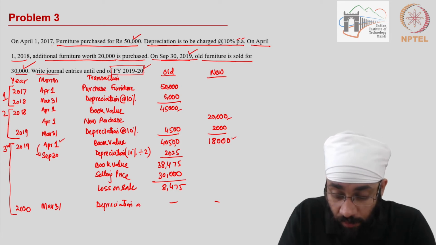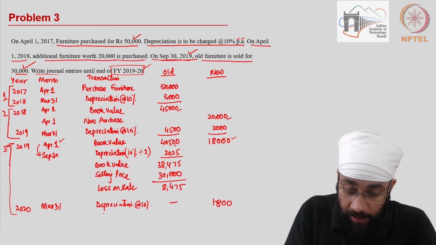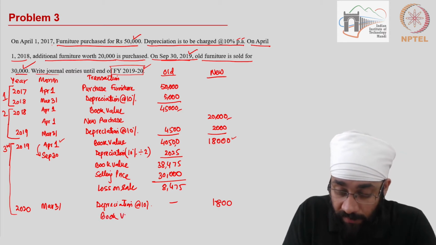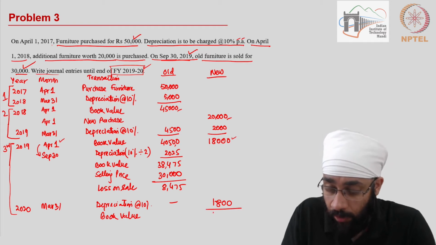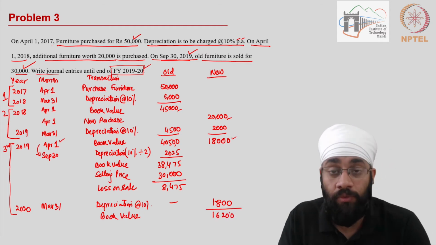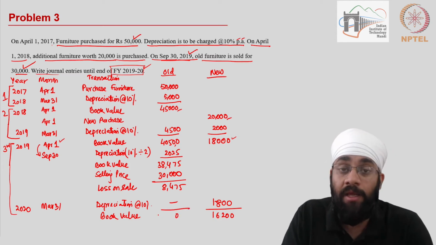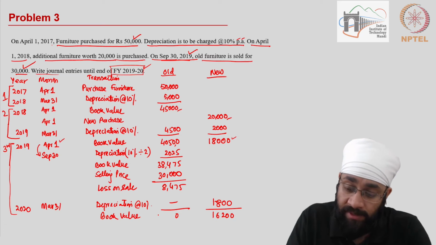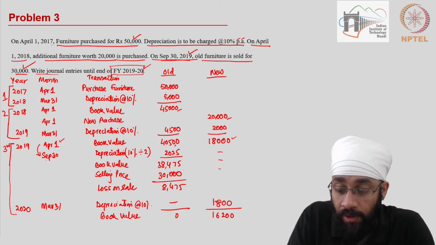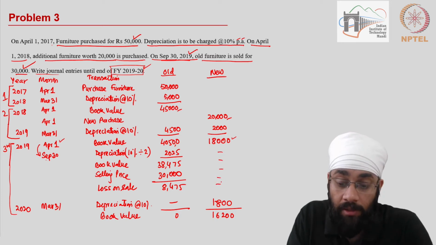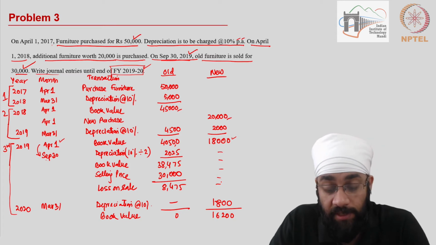You charge a full 10% on it, so 1800 here. Therefore, the book value of the new furniture which is remaining in the business comes out to be 16,200. For furniture 1, it is 0, it is nil because it has ceased to exist. And on 30th September, there will be no depreciation, no transaction on the new furniture, obviously, because that was not affected.